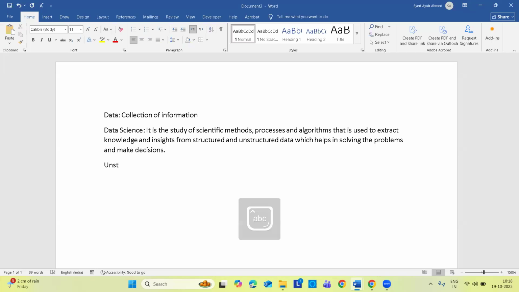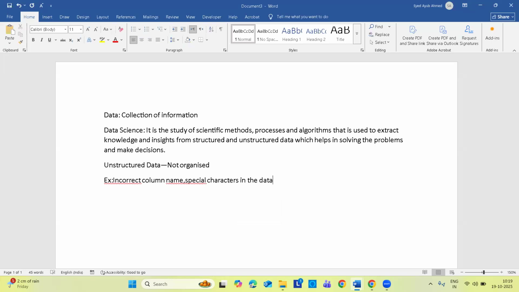For example, direct column, special characters in the data, or missing values, null values, duplicates, right?